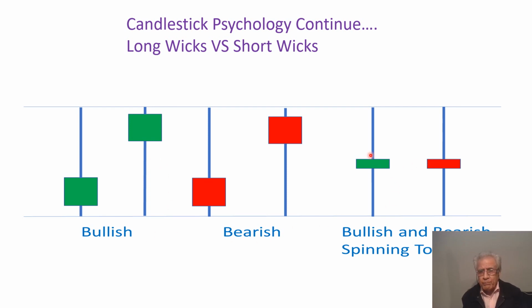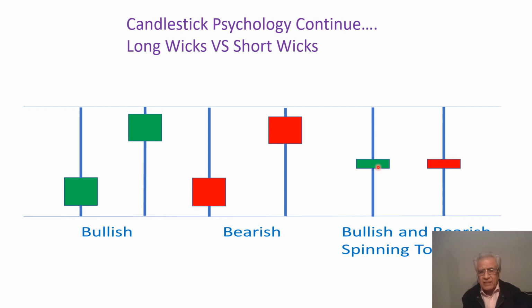These two, bullish and bearish, are spinning top candlesticks with longer upper and lower shadows and a small real body. You see the body is very, very small.